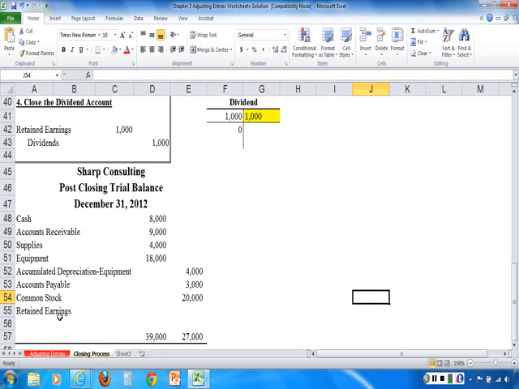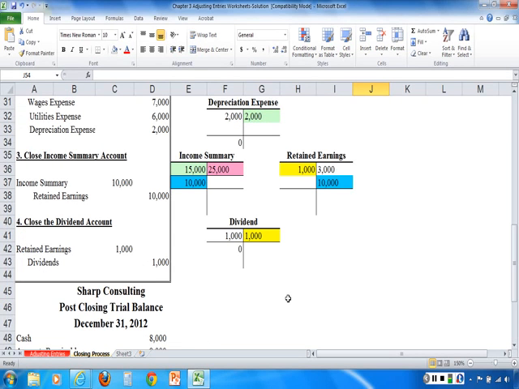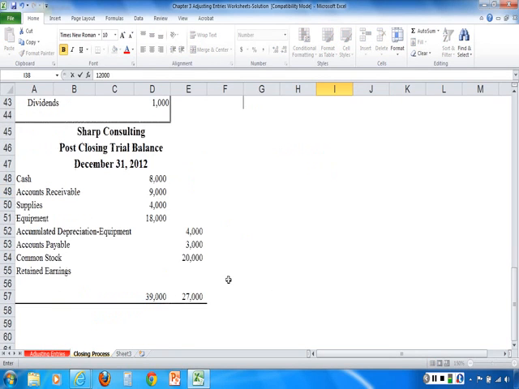The only permanent account that really changed is retained earnings, and now it has a new balance, a credit of $12,000, and so that's what I need to record right here as the balance of retained earnings. That's the only account that changes as a result of the closing process.